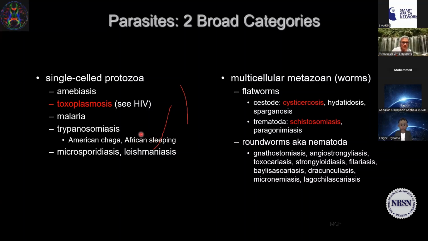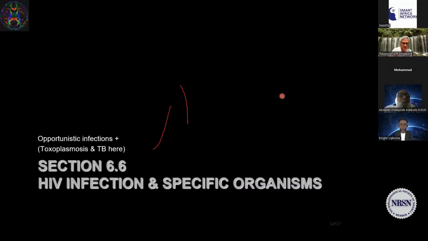I'd be really interested in what the appearances are. So don't forget, parasites can be single cell, like toxo, and multicellular worms, such as the 2 conditions that I've shared. So now let's jump into HIV and opportunistic infections, specifically what I mentioned, toxoplasmosis and tuberculosis.